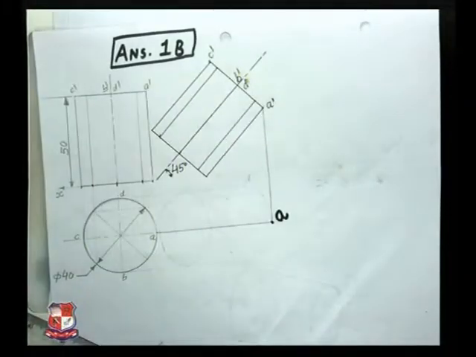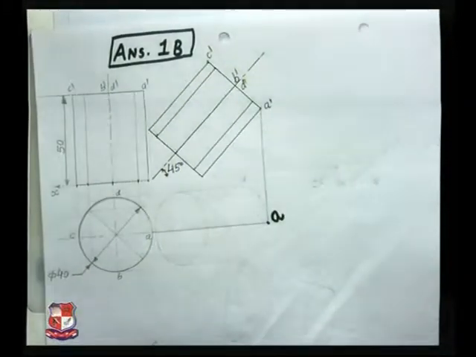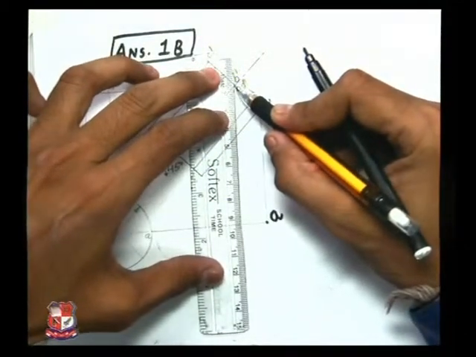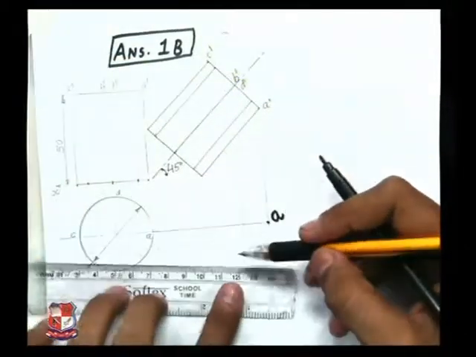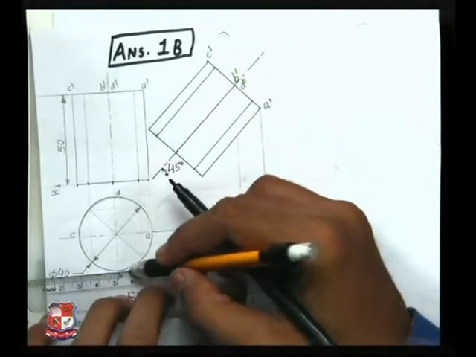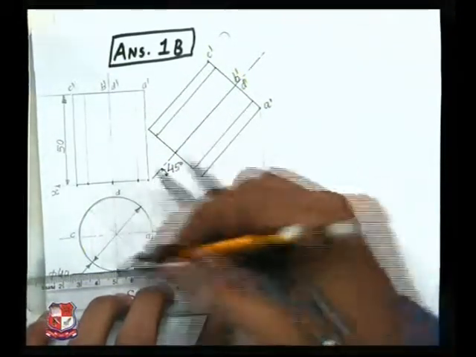To find the position of point B, again from point B draw a vertical line like this and a horizontal line from point B like this.